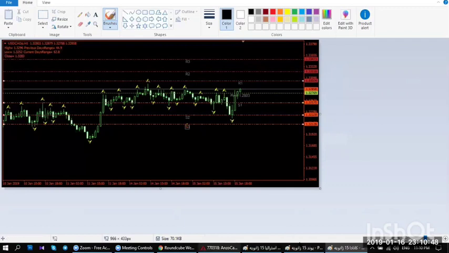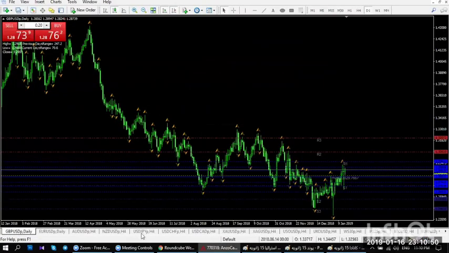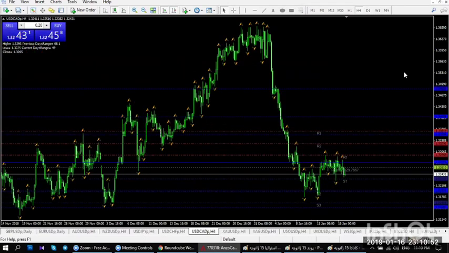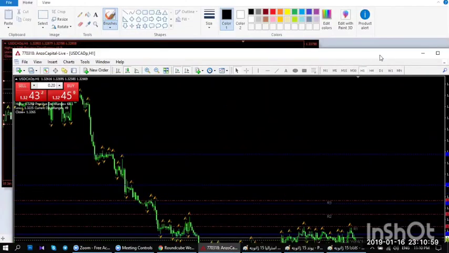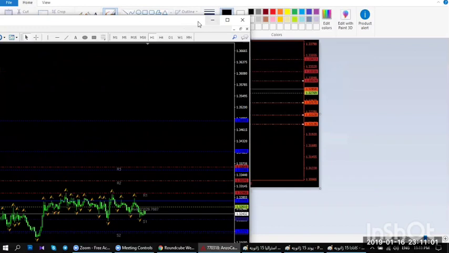Okay, so this is the Canadian dollar. In this chart, I think it's more clear on H1.